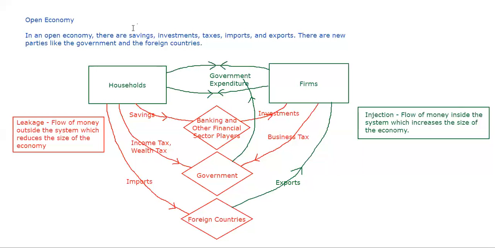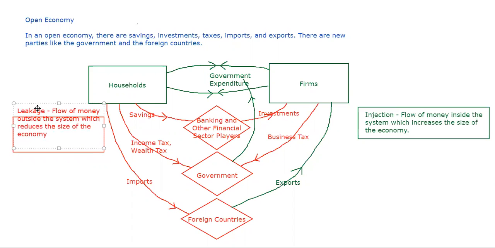So let's increase this leakage, and this behaves in a funny way sometimes. Yeah, so let's call it, for example, savings, taxes, and imports. And let's increase the size of this I also.